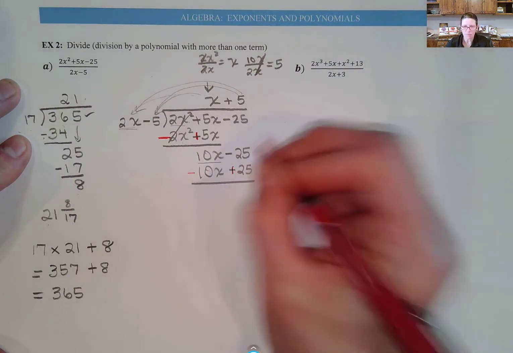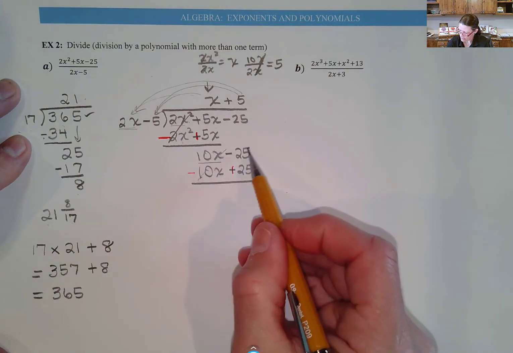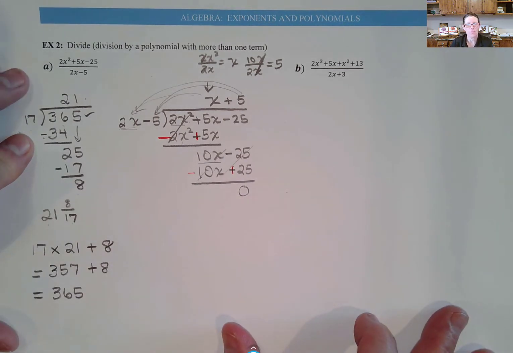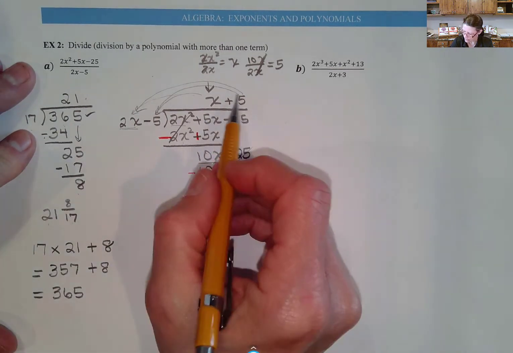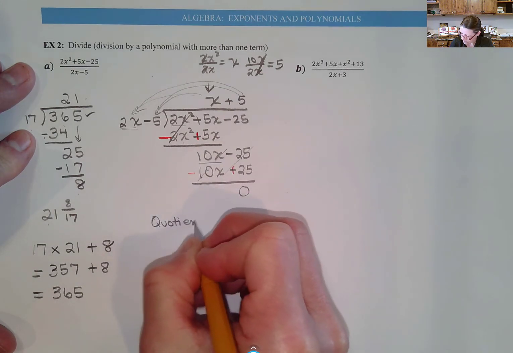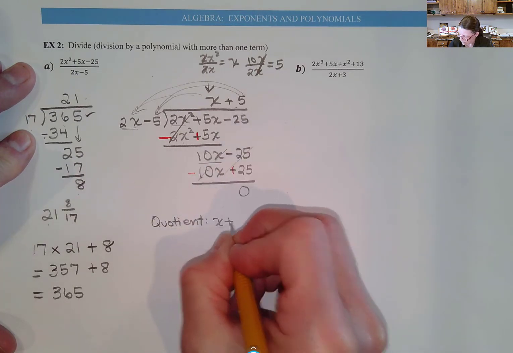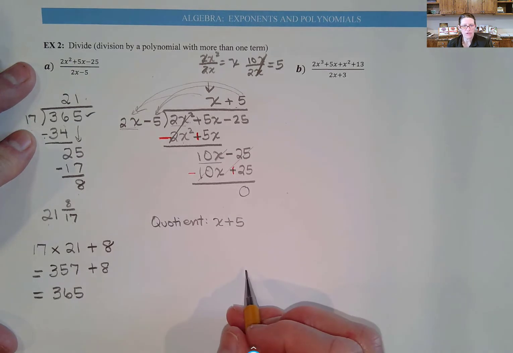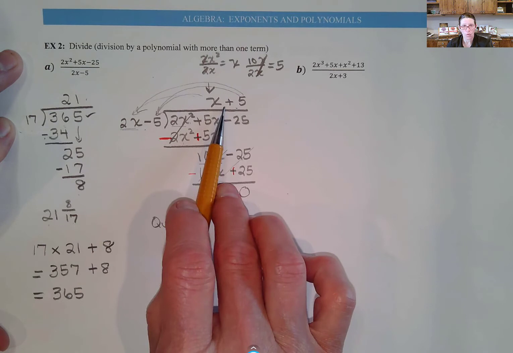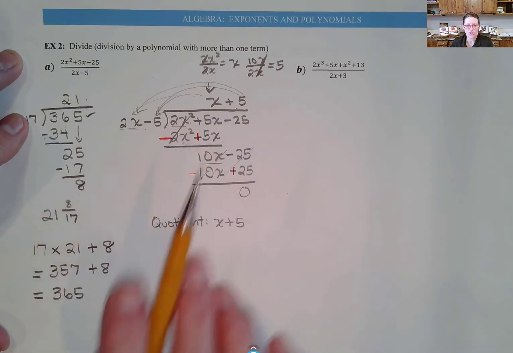Minus and negative becomes plus on that 25, doesn't it? Okay, our 10x's are opposites, our 25s are opposites, and there is a 0 remainder. So our quotient, or our answer to this division problem, is x plus 5. If you want to check your answer here, we would simply multiply the divisor times that quotient, and notice that we get the dividend, and I'll leave that check up to you.